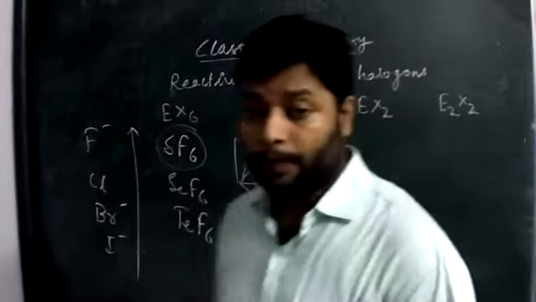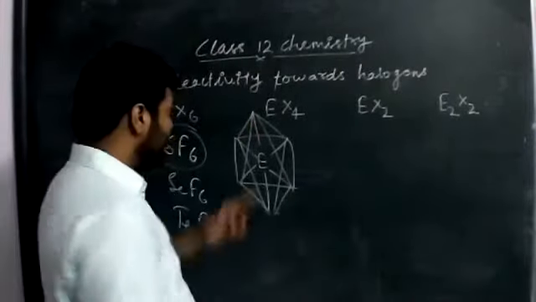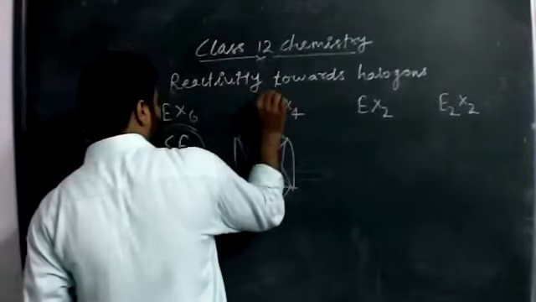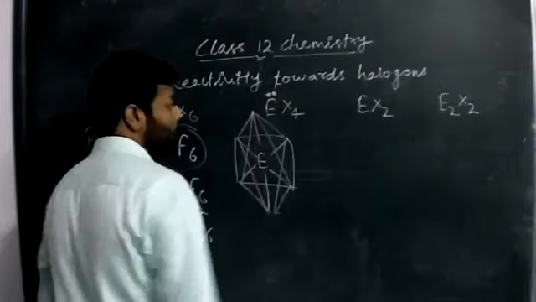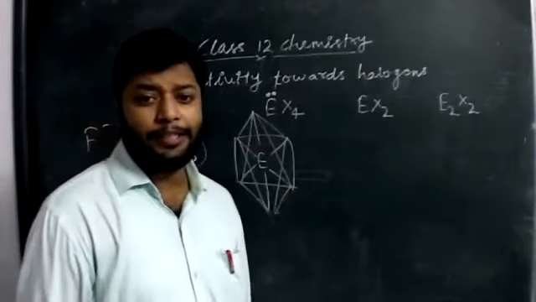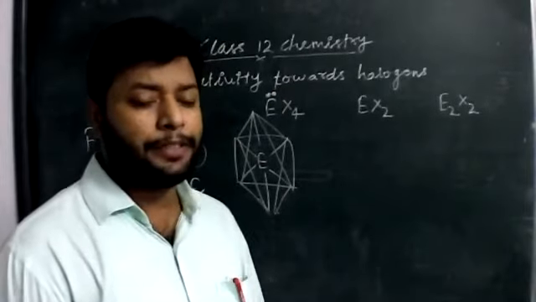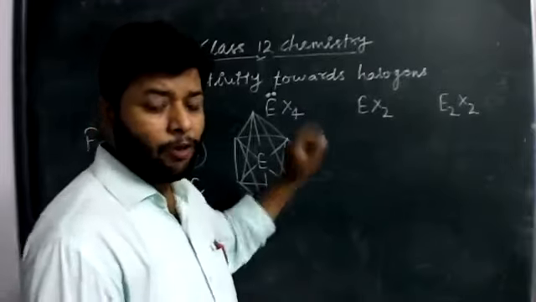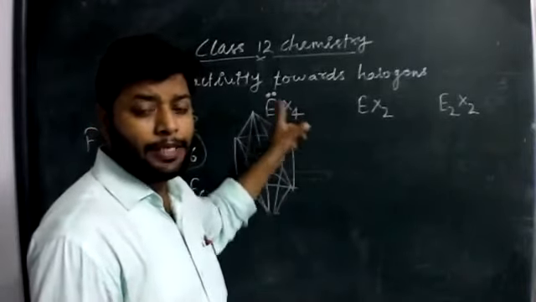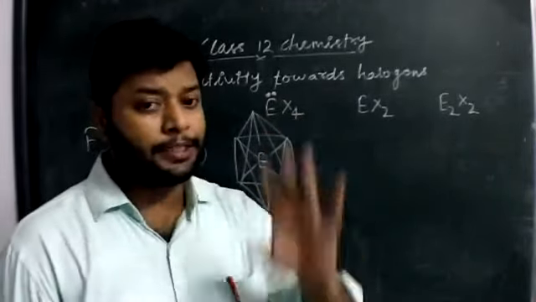In the case of tetrahalides, there is one lone pair present, and because of that lone pair, a total of 5 orbitals are involved in the hybridization.